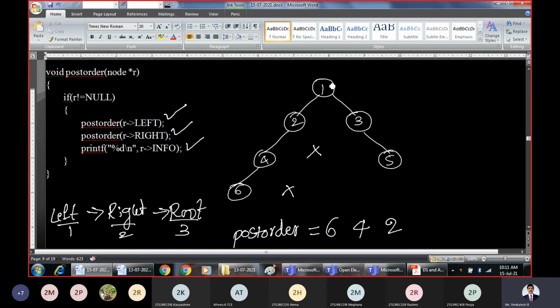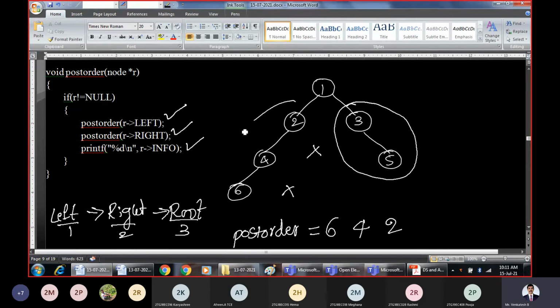For node 1, for the entire root node 1, what is the rule? Left subtree, right subtree, and root node. For node 1, we have processed the entire left subtree. Now we have to process the right subtree.